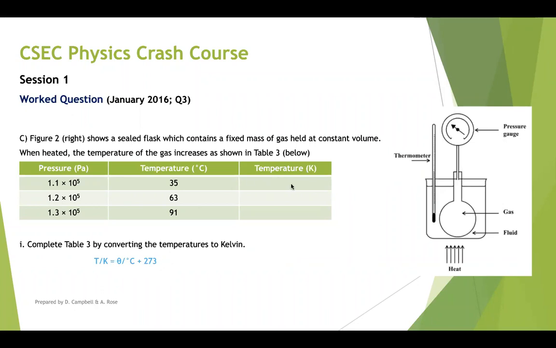You're going to add 273 to all of these to get your answers in the final column here. So 35 plus 273 is 308. 63 plus 273, 336. And 91 plus 273, that's 364. So pretty easy, 3 marks here.